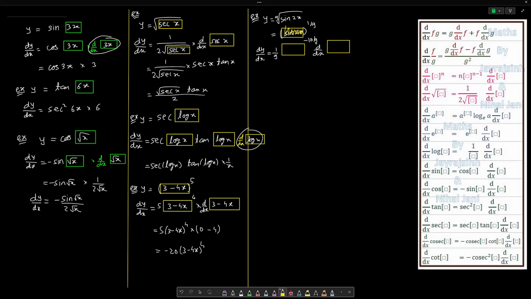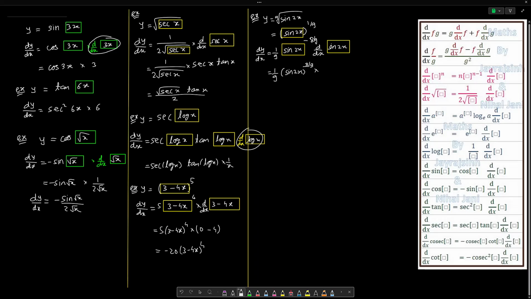Okay, now what do we have within the box? Sin 2x. Oh yes, sorry, minus 8 by 9. Okay, so 1 by 9 sin 2x raised to minus 8 by 9 will be as it is.